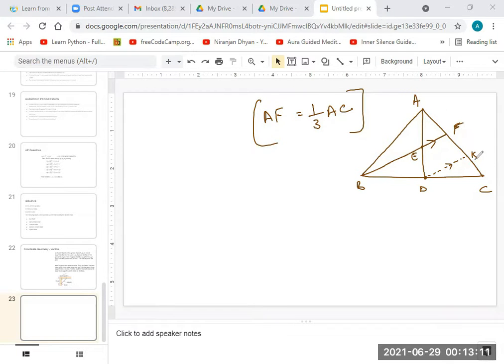This means F and K divide AC in the ratio 1:1:1. So AF is to FK is to KC is equal to 1:1:1. You have to prove this basically.